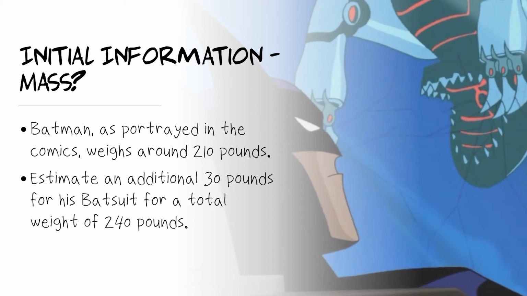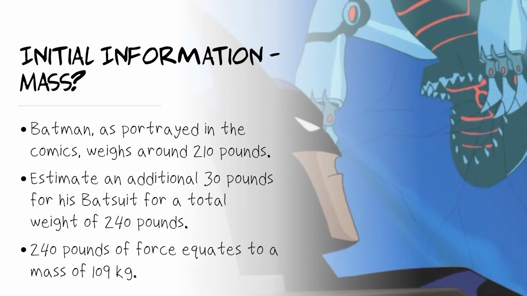The internet doesn't seem to agree on this, but I'm going to say 30 pounds for his cape, belt, and suit, and let's assume his suit is a little armored and padded. So his total weight is around 240 pounds. Converting that to the metric unit of mass, 240 pounds of force is the equivalent of 109 kilograms of mass.